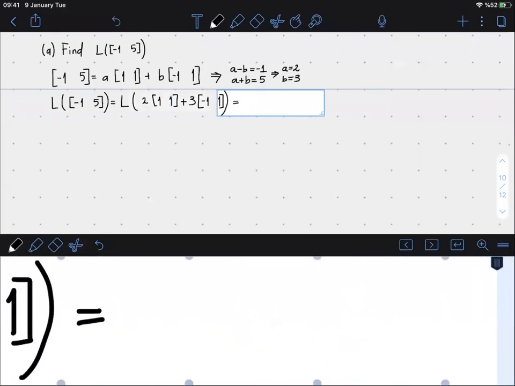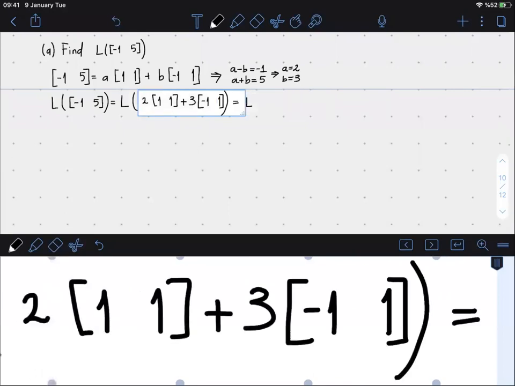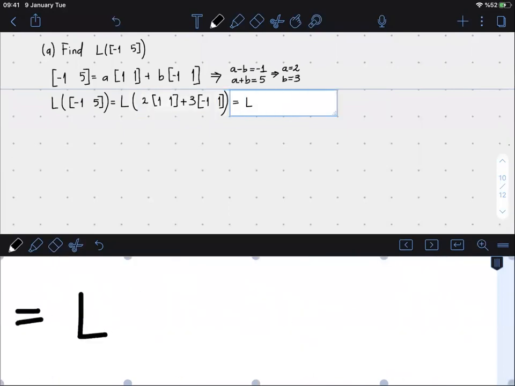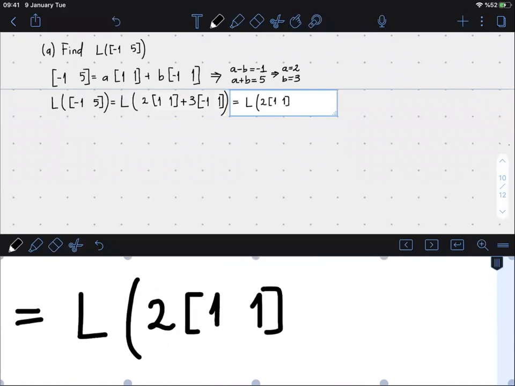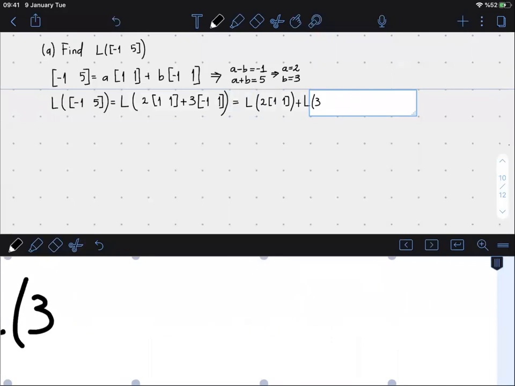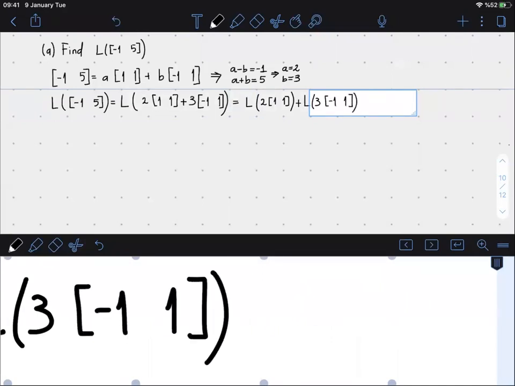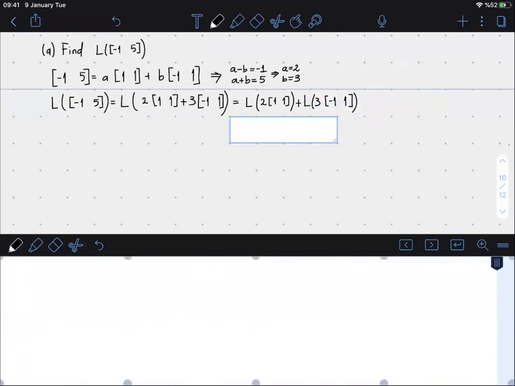Now is the crucial part. Now I will use the linearity property. This is a sum of two vectors, so by linearity I can write this as L of 2 times (1, 1) plus L of 3 times (minus 1, 1). Here we use the property that I can separate a sum into sums.